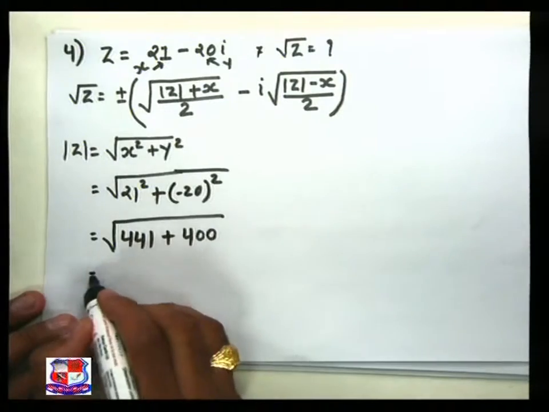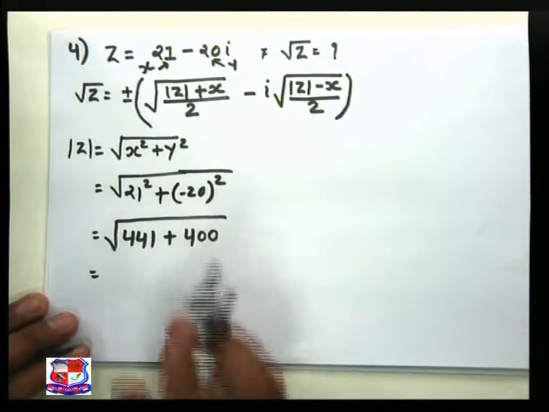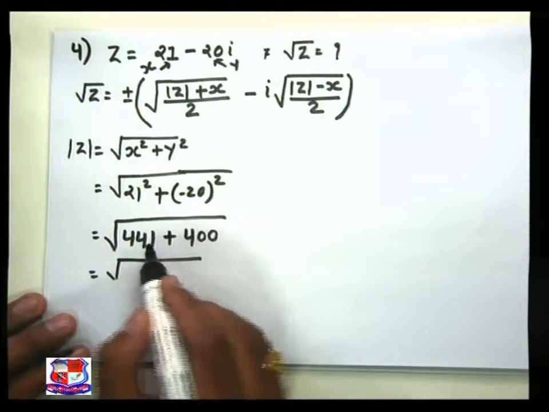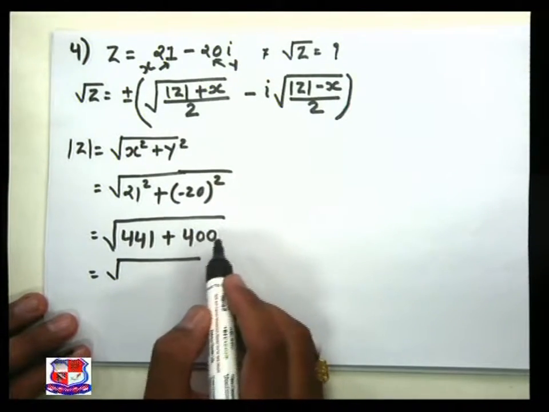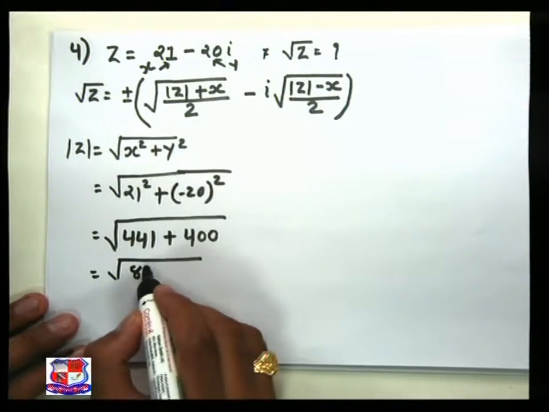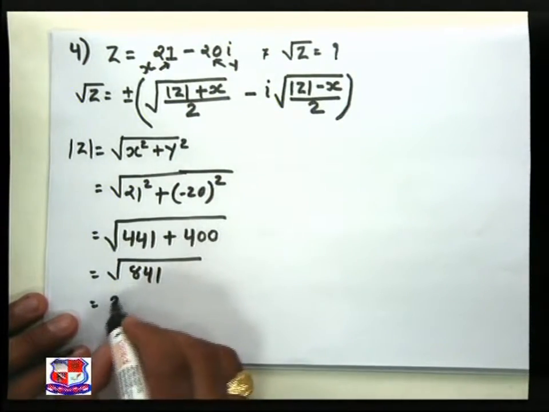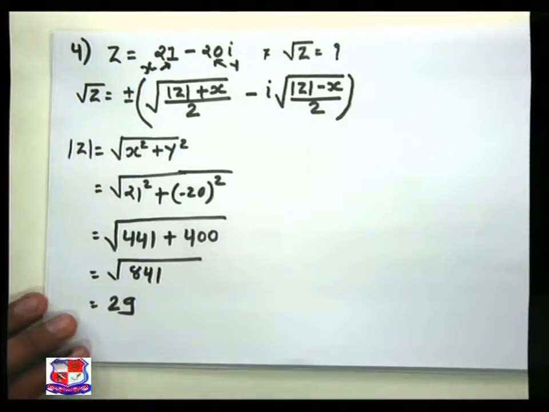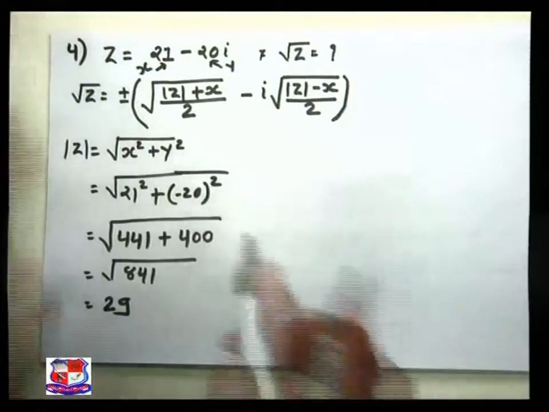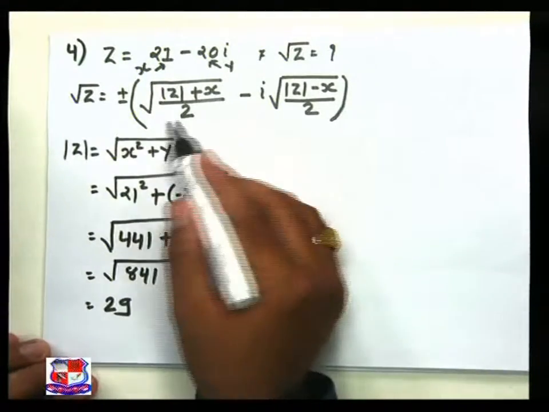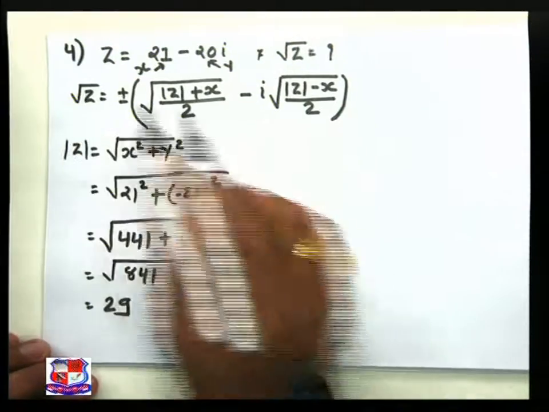Now we simplify our term, under root of 441 plus 400, that becomes 841, and under root of 841, that is 29. Now we replace mod of z value, that is 29, in our main equation, that is square root of z.